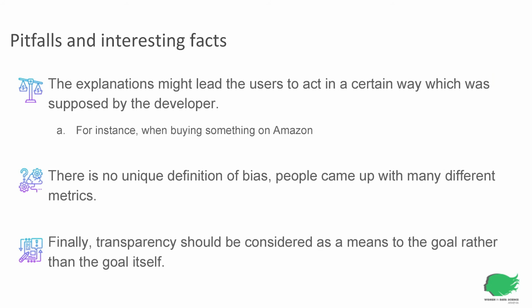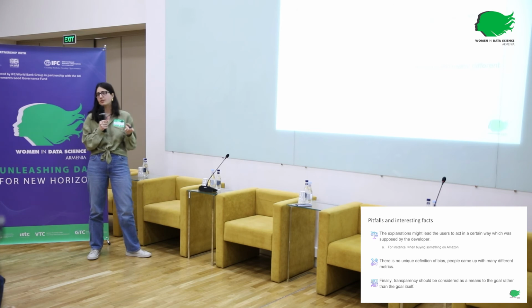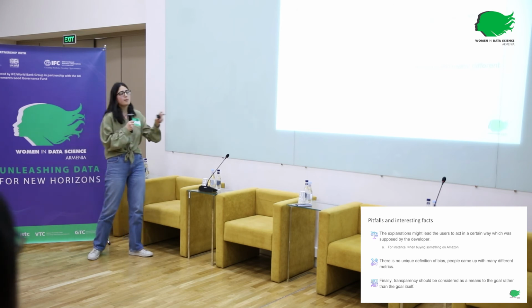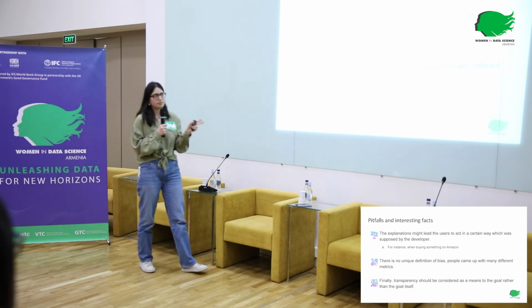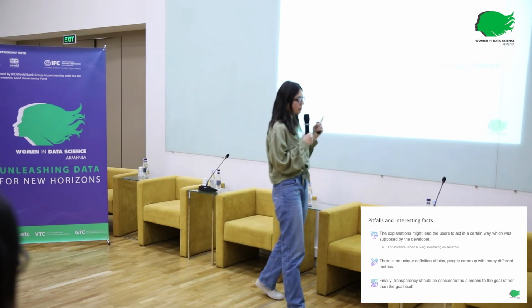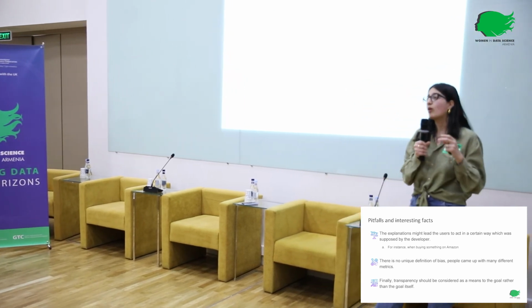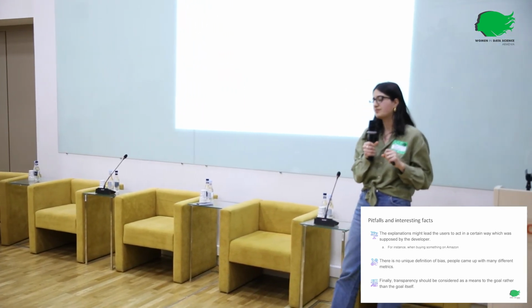Another example to be careful about when using transparency is that there is no unique definition of bias. There is no unique metric by which we can measure bias. So people came up with different metrics and all of them are valid, but it turns out that a single model cannot be compliant with all the bias metrics.